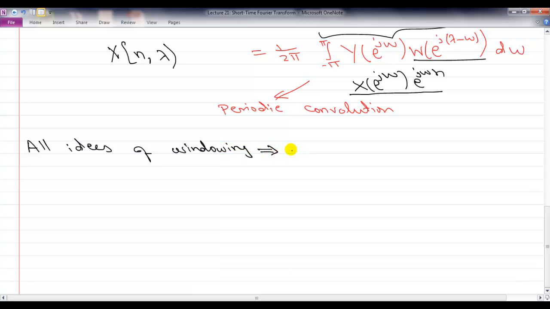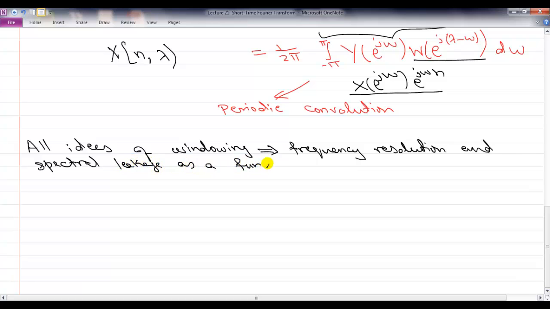So all the concepts that we had learned about the windows, all ideas of windowing, which is frequency resolution and spectral leakage as a function of the windows, apply in this setting.